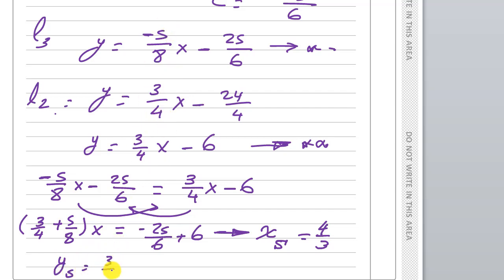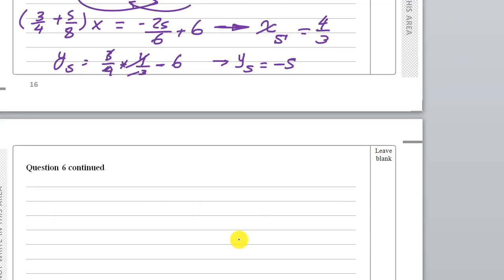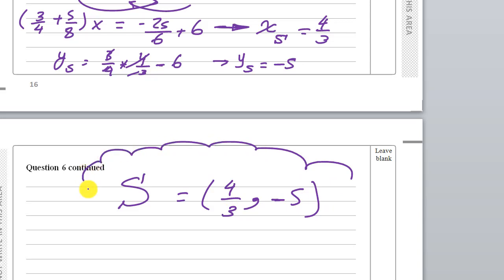So 3 over 4 multiplied by 4 over 3 minus 6. So yS is equal to minus 5. So the coordinate of S is 4 over 3 and minus 5. And this is the answer to this question.